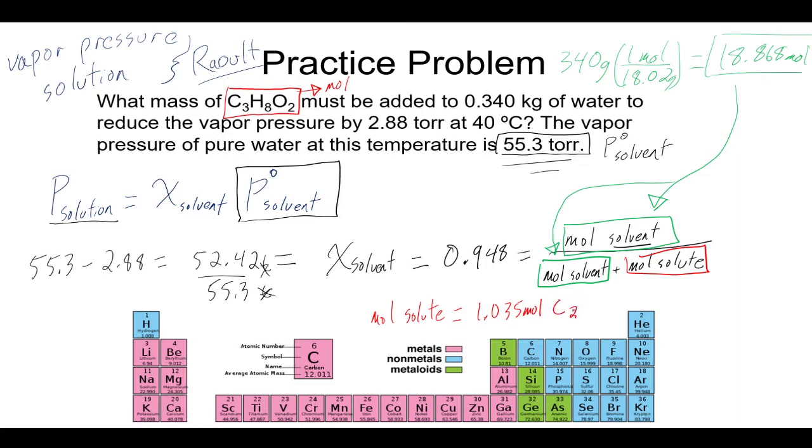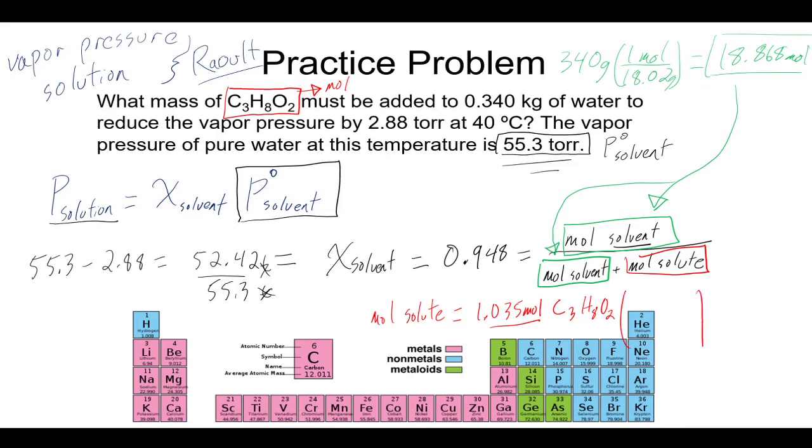This is the solute, C3H8O2. And just as a conceptual check here, this moles should be less than the moles of water, 18.868, because it's the solute and water's the solvent. There should be more water, so that looks good.